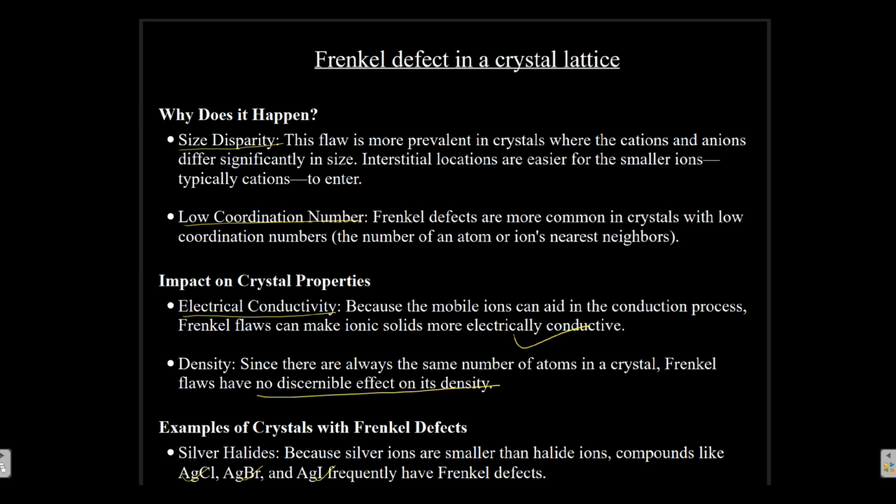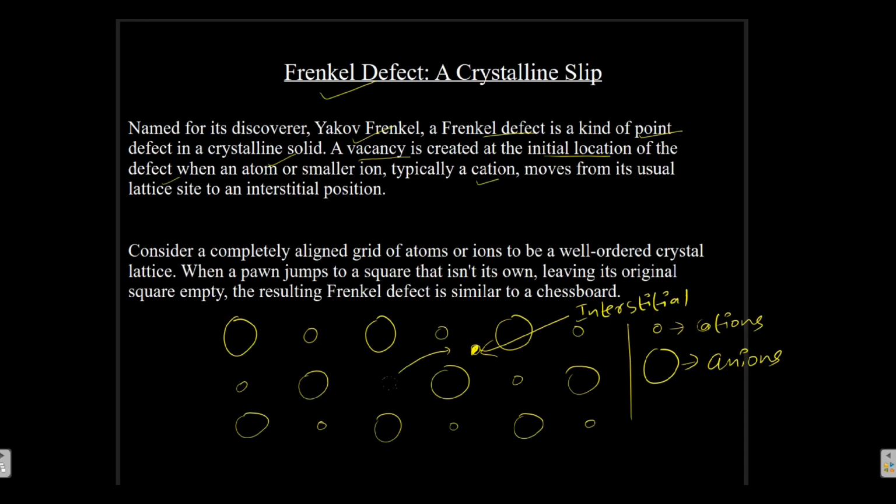Okay, now let's try to understand and make an expression for this. So you can see over here how many atoms are there. Total number of atoms is N. Now how many interstitial sites are there? Ni represents the number of interstitial sites. So either this ion or this ion or any ion might take the interstitial position, right?